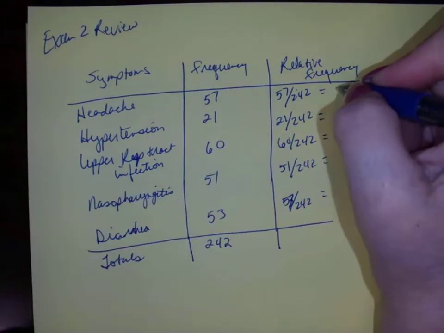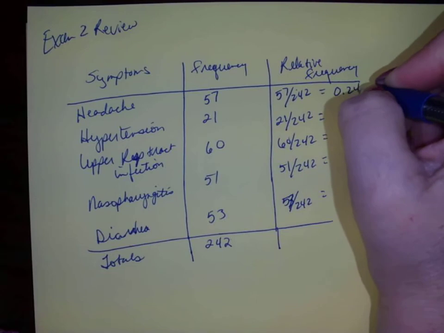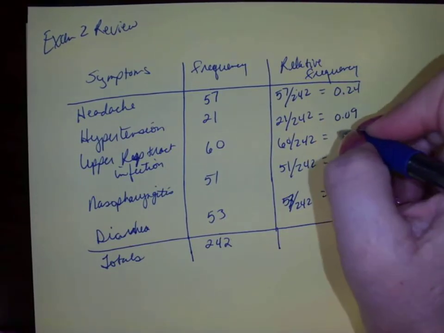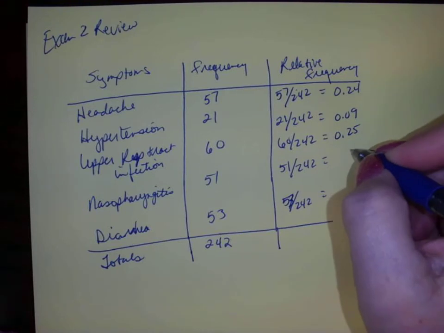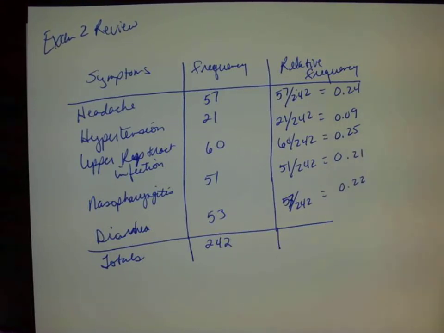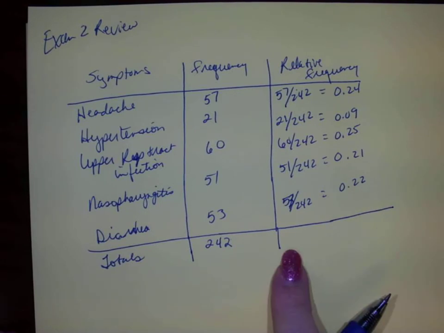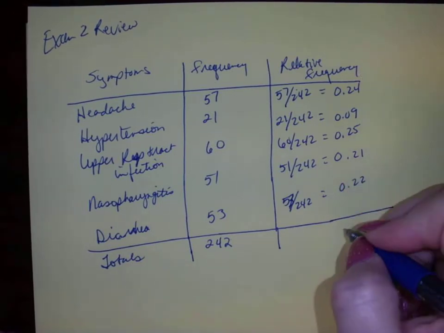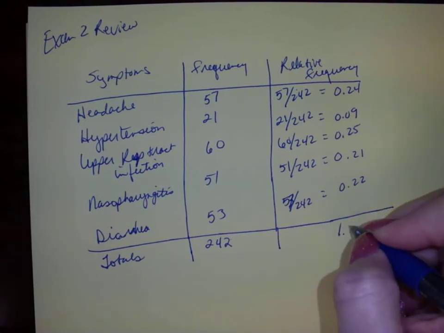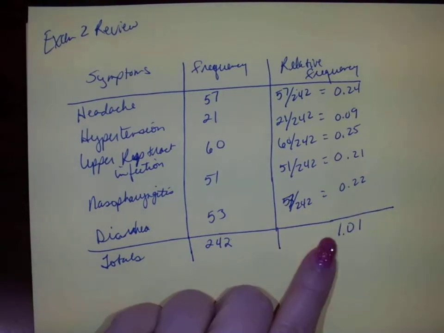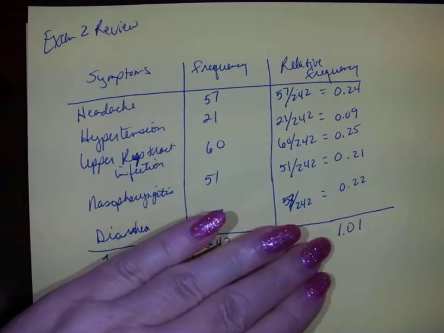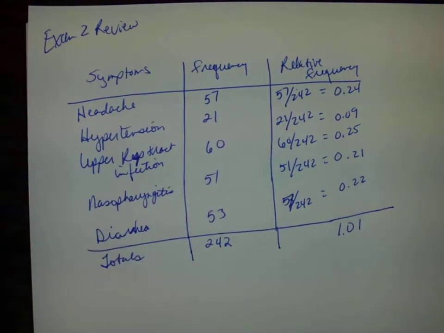So when I put this in the calculator, I will get 0.24. This one will be 0.09, 0.25, 0.21, and 0.22. Now, if you recall, the total number of frequencies in a decimal should be equal to 1. And this one actually gets us to 1.01, which is close to 1. It doesn't have to be exactly 1. As long as it's close to it, you know that you've got your numbers correct, okay?